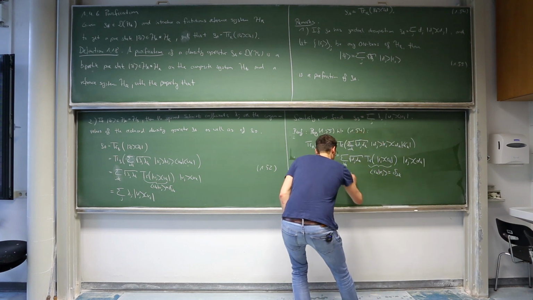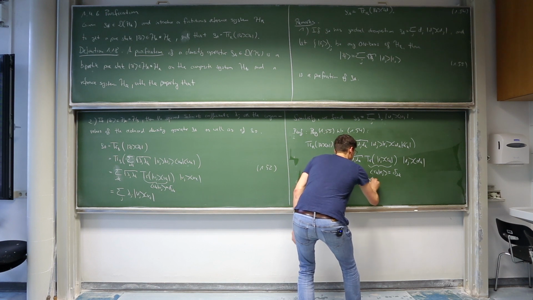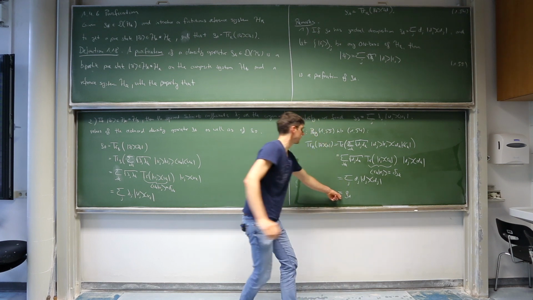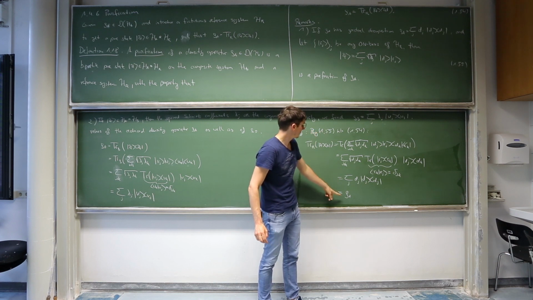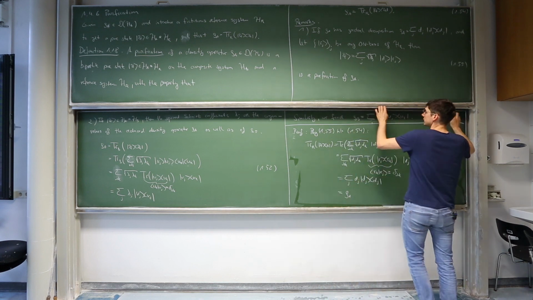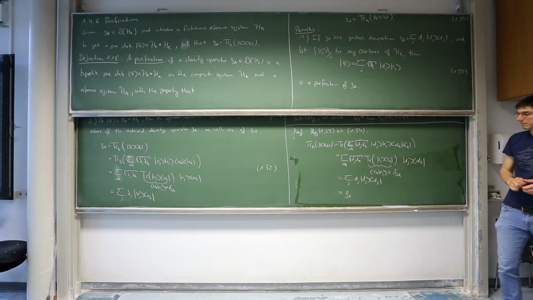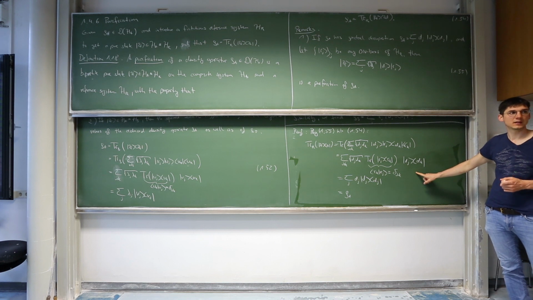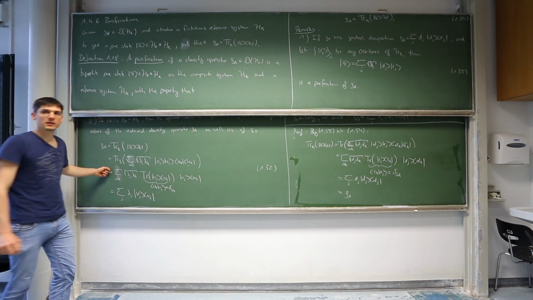So we have the sum over j, dj, and then dj dj, which is our density operator rho A in the spectral decomposition. Okay, so with this I want you to note the similarity here between the purification and the Schmidt decomposition.